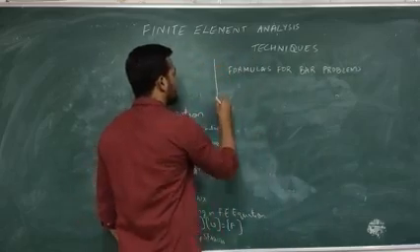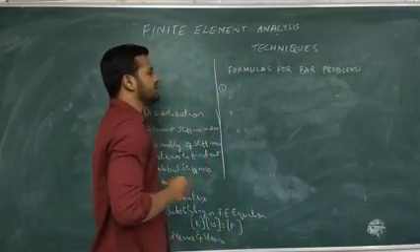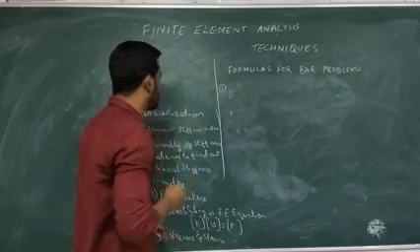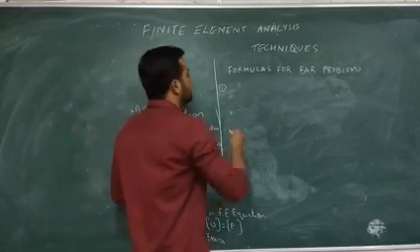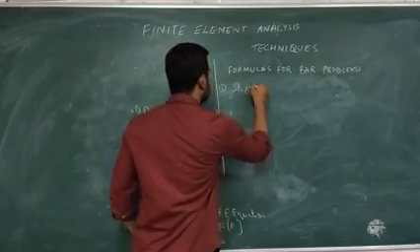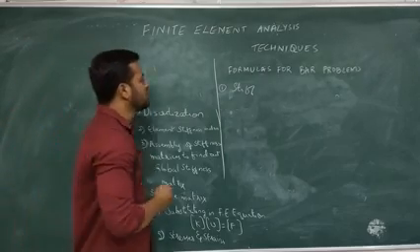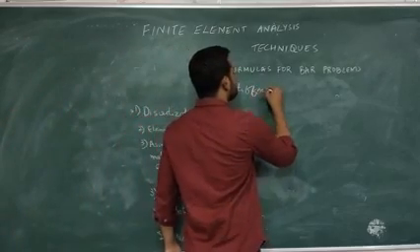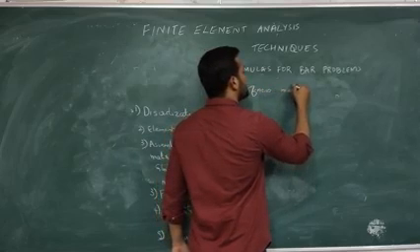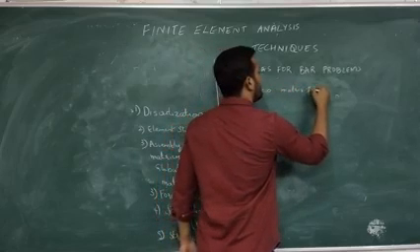So the first formula is stiffness matrix. The first step is to find out the stiffness matrix. Of course, we will be discretizing manually, but there is a formula for stiffness. So stiffness matrix for bar.